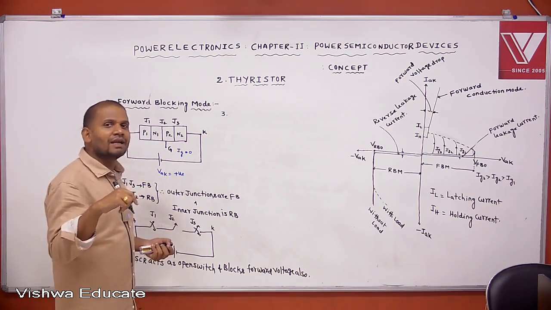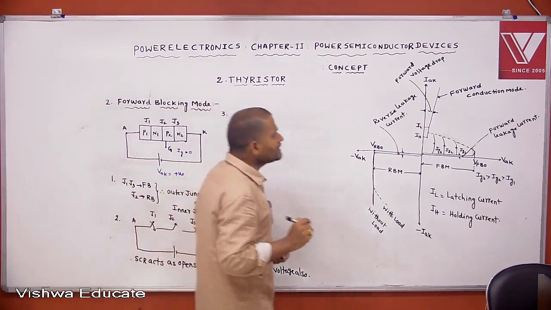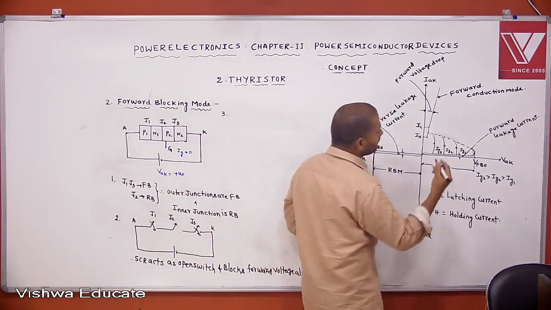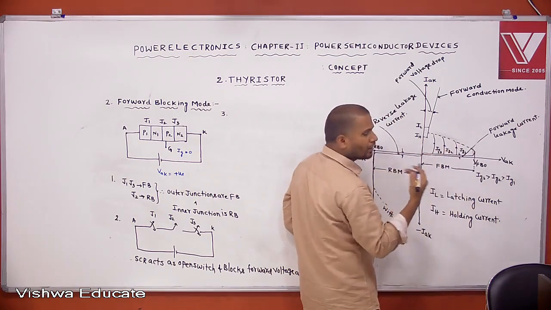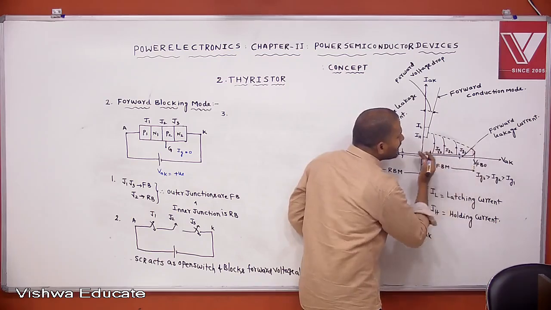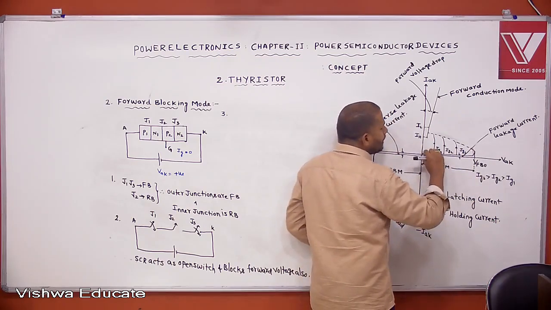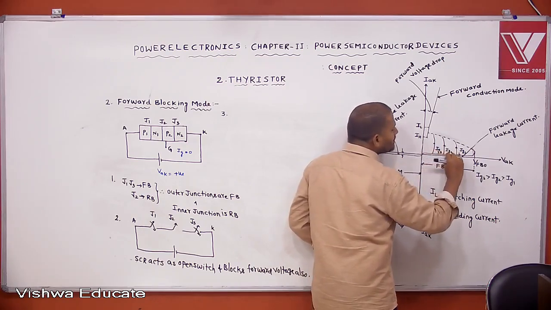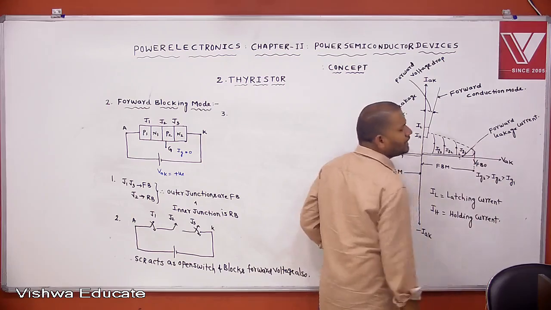That leakage current is called forward leakage current. This is the observation from the characteristics. Still, I am not applying the forward breakdown voltage. If the applied voltage is less than the forward breakdown voltage, practically a small leakage current passes through the SCR. This leakage current is called forward leakage current.